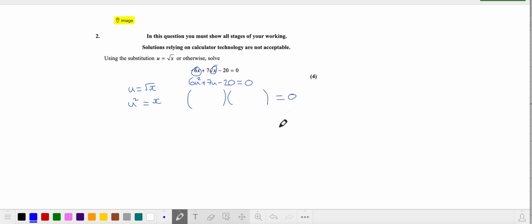I know this factorizes. If you don't know that something factorizes, remember you can check using the discriminant. If the discriminant is a square number, then it will factorize. So if we just do b squared, so 7 squared minus 4 times 6 times minus 20, we get 529.